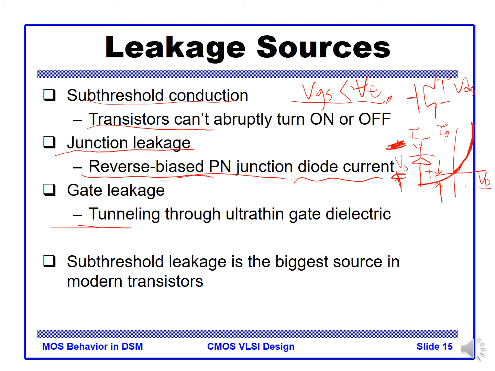And also there's gate leakage. If you turn on the transistor, with voltage applied on the gate, current still flows through the gate and channel. If you look at the structure, the gate and surface channel form a capacitor.